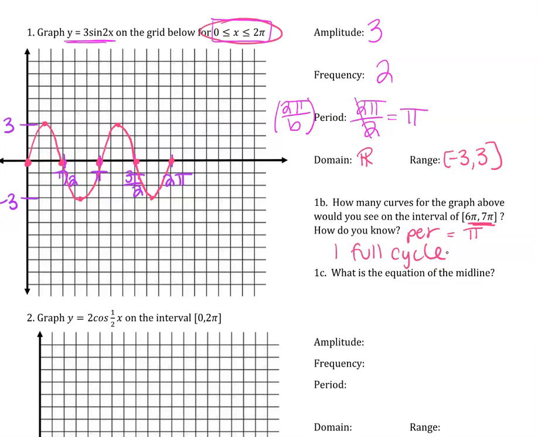The equation of the midline here is just the x-axis. We haven't done anything yet. Eventually, we'll start shifting stuff up and down, but for right now, we'll keep it at y equals 0.